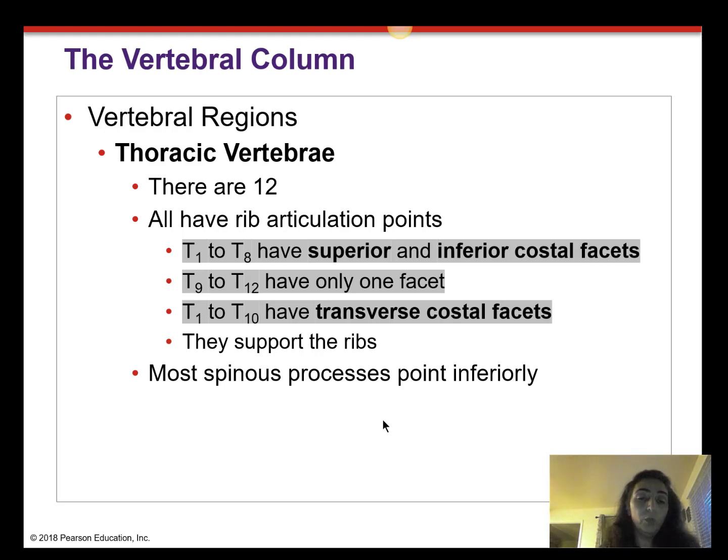So you don't need to know all these details that I put in gray. It means that you won't be asked about these ones, but you need to know that they support the ribs. And the important thing about the thoracic vertebrae that is common between them is that most spinous processes point inferior.